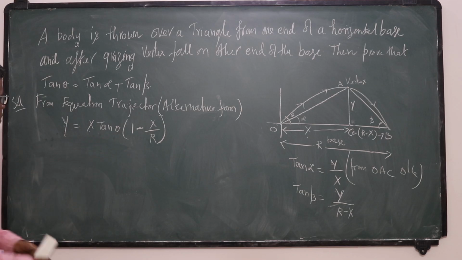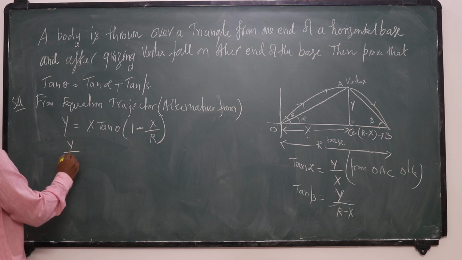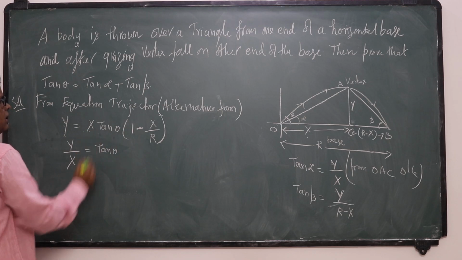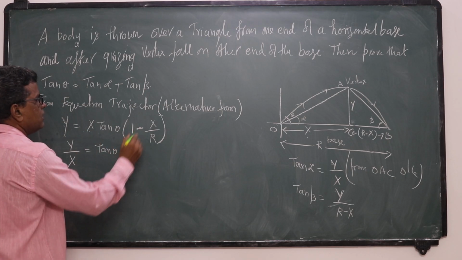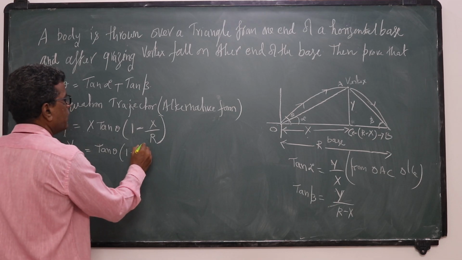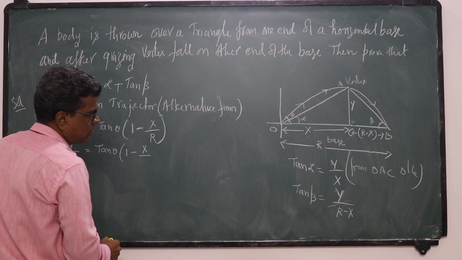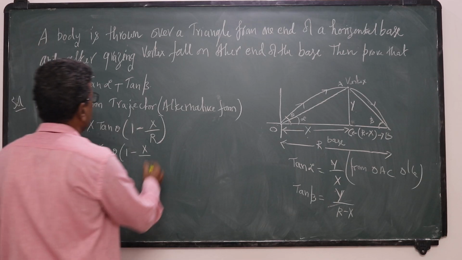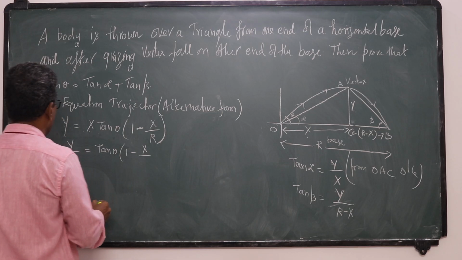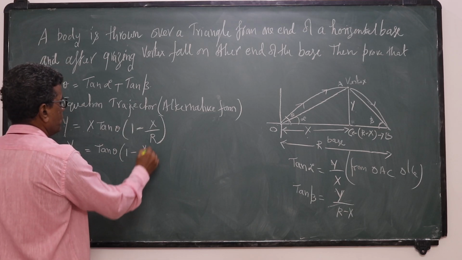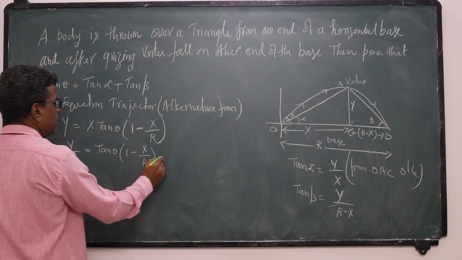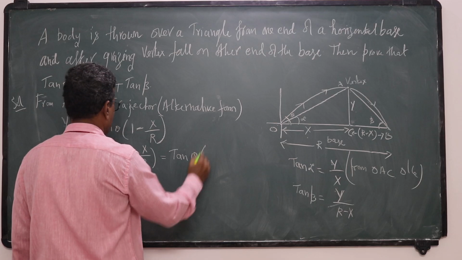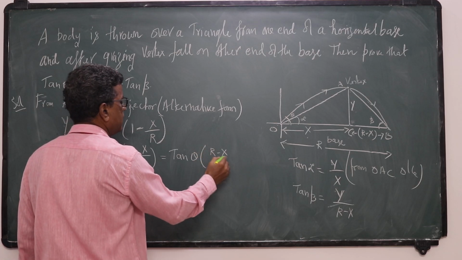Here is tan theta. I will bring this x this side: y by x equals tan theta times 1 minus x by r. Take the LCM: tan theta times r minus x by r.